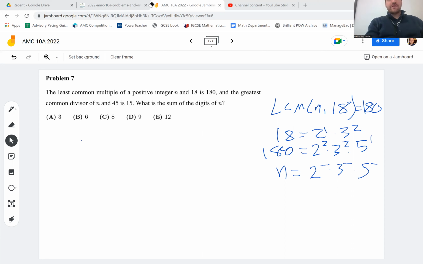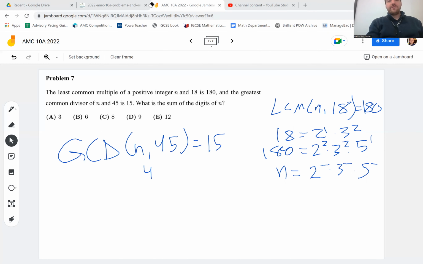Now, remember, they also tell us that the greatest common divisor of n and 45 is 15. Now, 45 is 3 squared times 5 to the power 1.